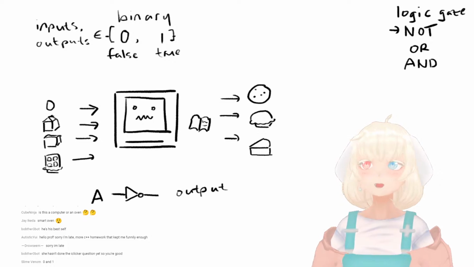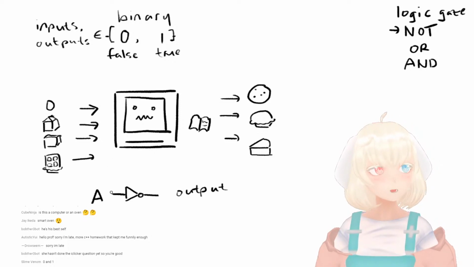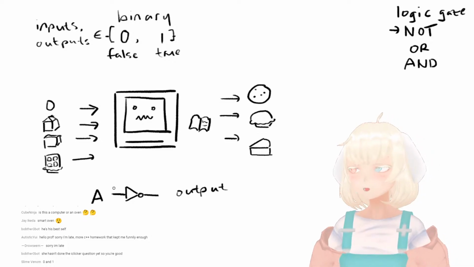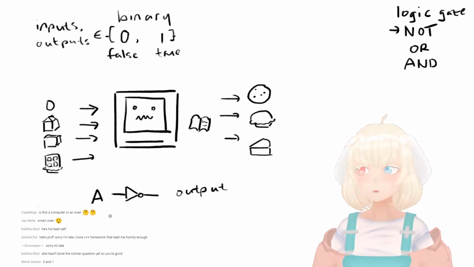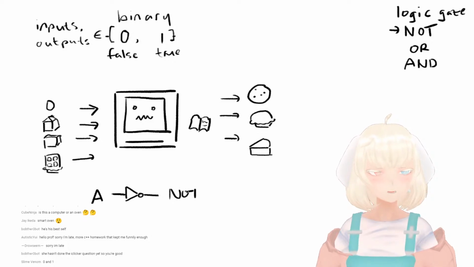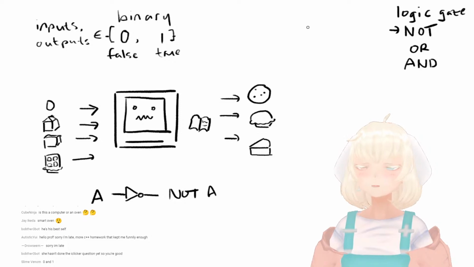And a NOT gate is actually also known as an inverter. That's because what it'll do is take our input, A, and invert it. I know it sounds a little bit obvious, but it'll invert it into the opposite of what it started off as. So A becomes not A. But what does this actually mean?